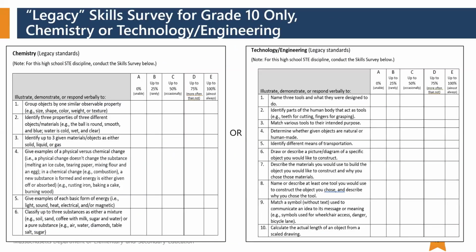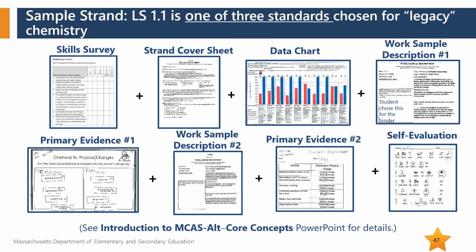This should look very familiar. If you went to the training for the core concepts, it's the same thing. If you have any questions, if you're doing this and you want to reach out to me, feel free. But again, only grade 10. You may not do it in grade 9. Okay, I hope that's very clear.